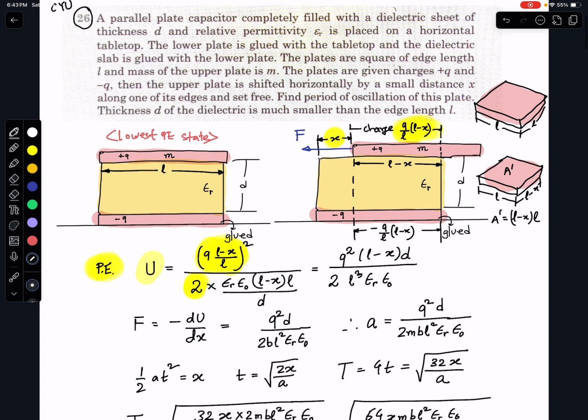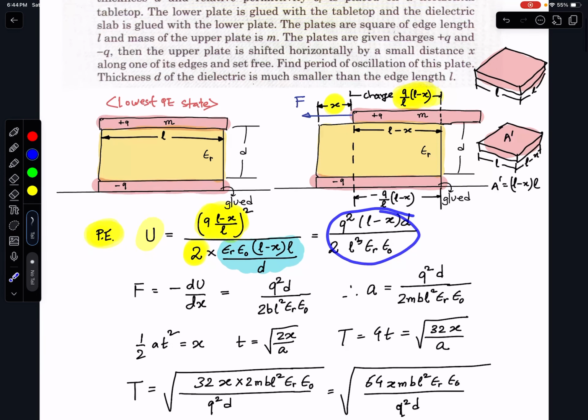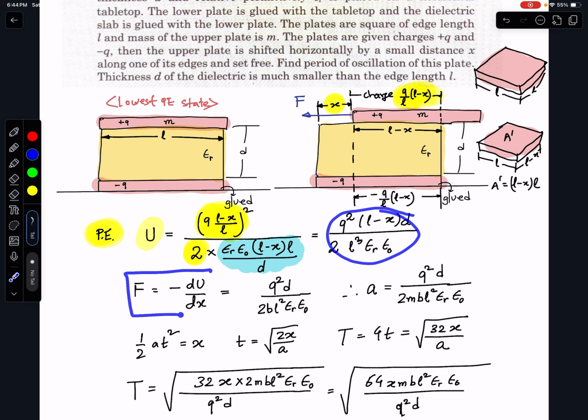So now I hope you understood this. This is the capacitance. So the potential energy, as you know, is q squared by 2c. Now you simply have to manipulate it a bit and do the operation F equal to minus dU/dx to find the force on the plate.